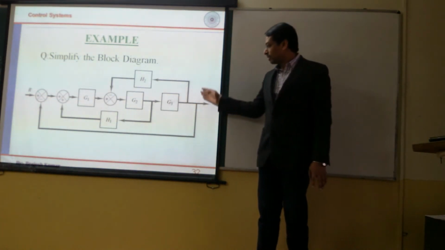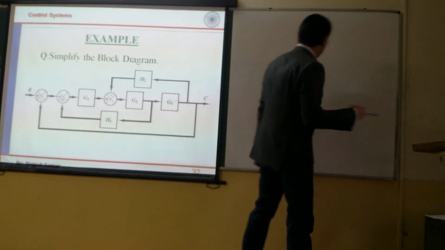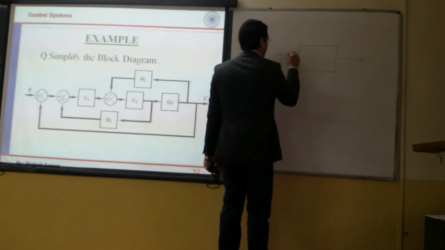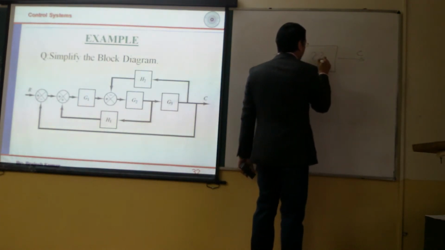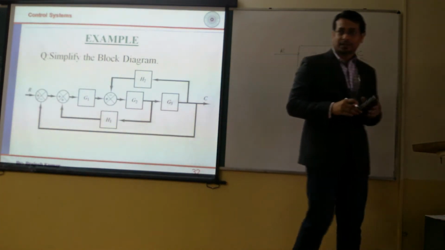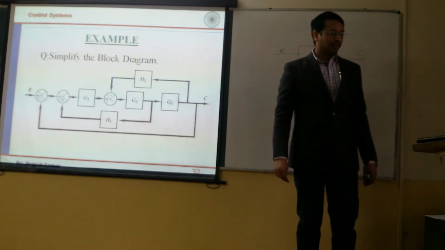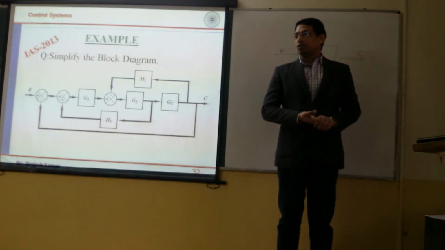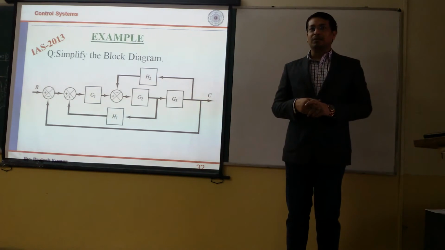It means whatever is represented here, you have to simplify it as a single block, such that you can have only R and C. So what will be the value of this block? This particular question has been asked in IAS 2013.